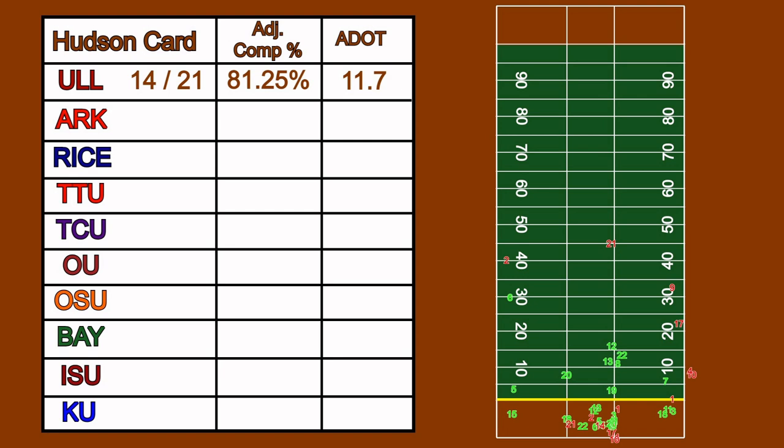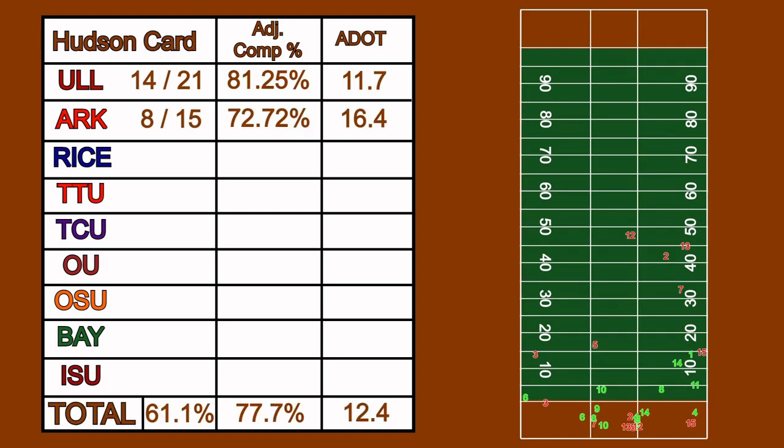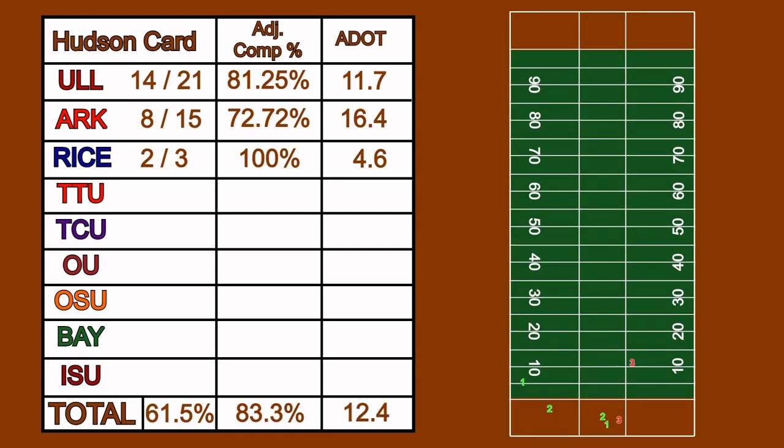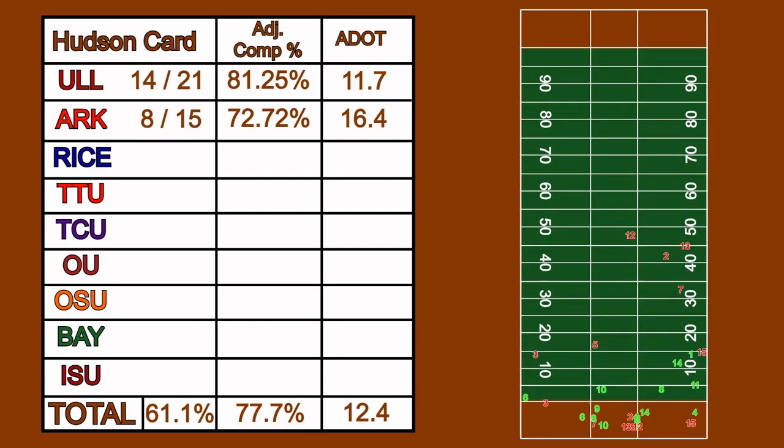But fast forward to Arkansas, and this actually surprised me. And these numbers, I'm just gonna check real quick. Yeah, no, they're good. His official numbers are 8 for 15. His adjusted completion percentage was 72.7%. And if you had told me that, I'd have told you you're lying.